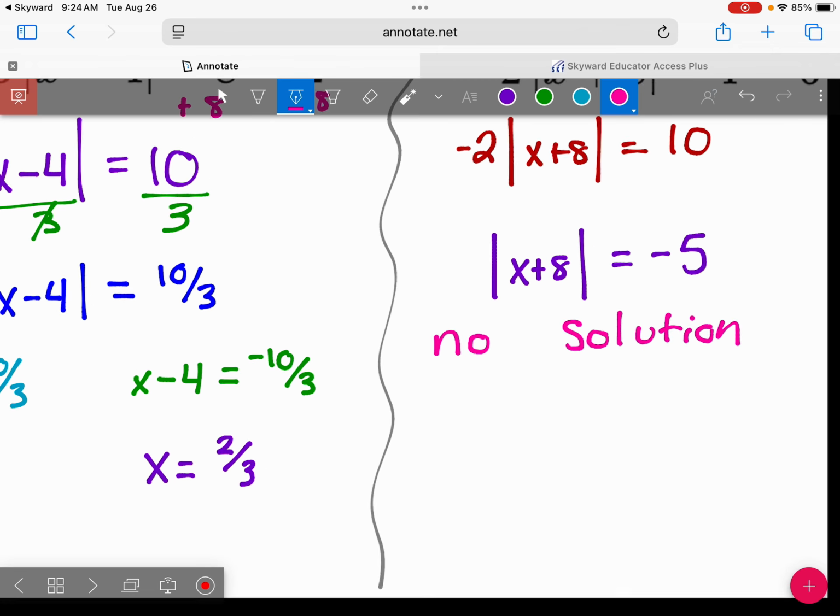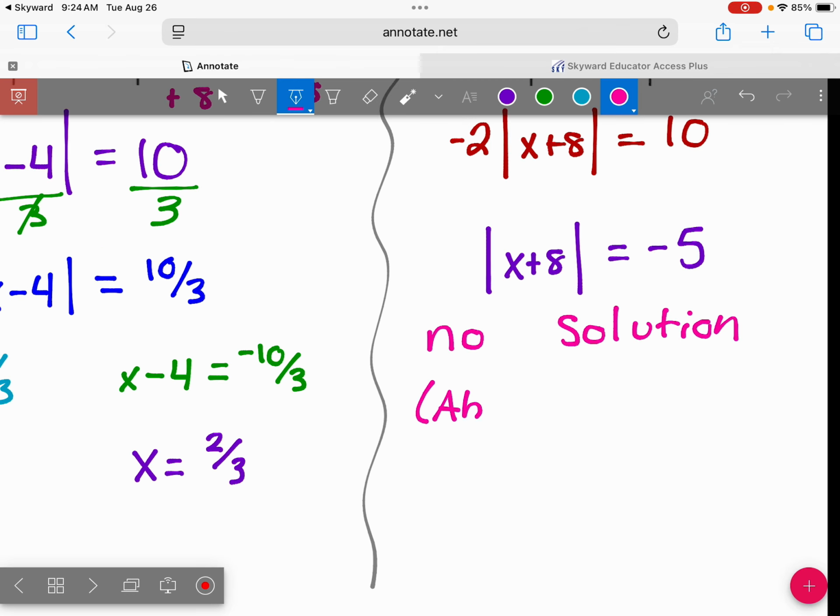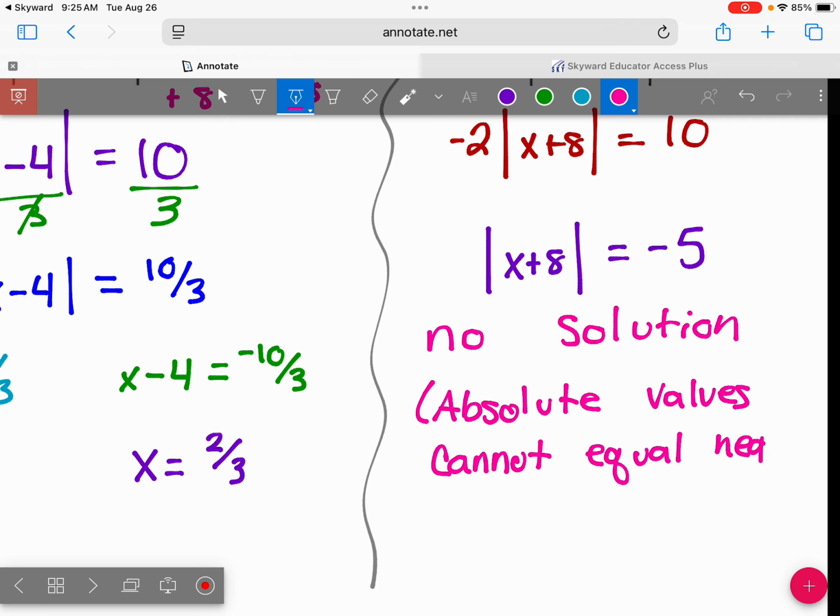And I'll just write it up here because you don't have to write this part. I just like to have it written down in case someone's looking at the notes later going, why? There we go.